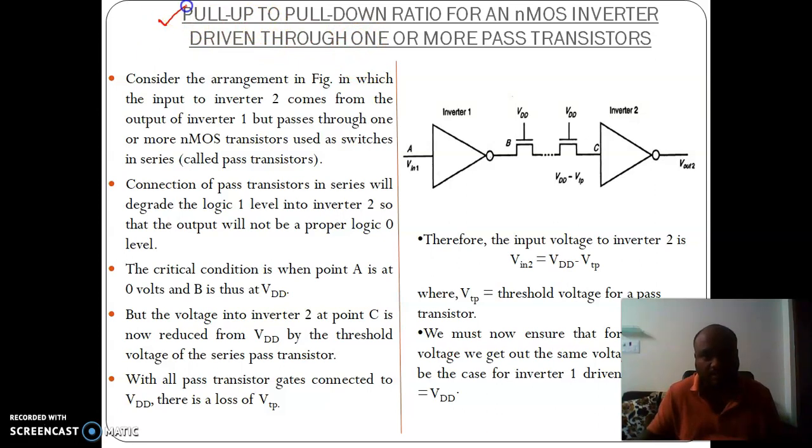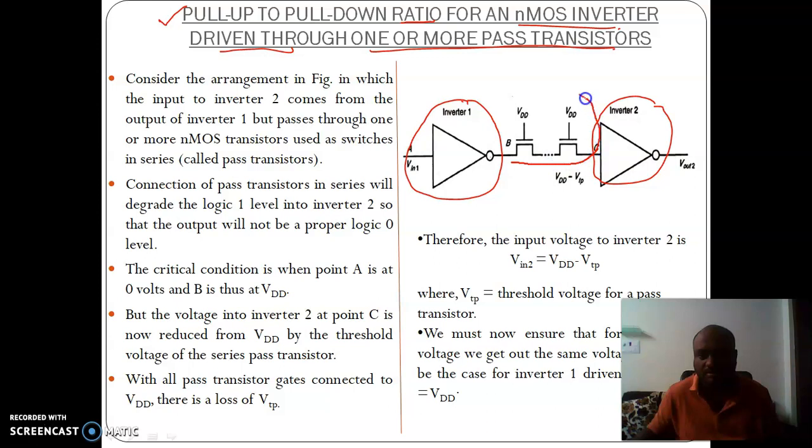Now entering into our topic, the pull-up to pull-down ratio for an nMOS inverter driven through one or more pass transistors. Here, this is an nMOS inverter not driven directly by an nMOS inverter; instead, in between there is a set of pass transistors. Consider this arrangement of inverter 2.